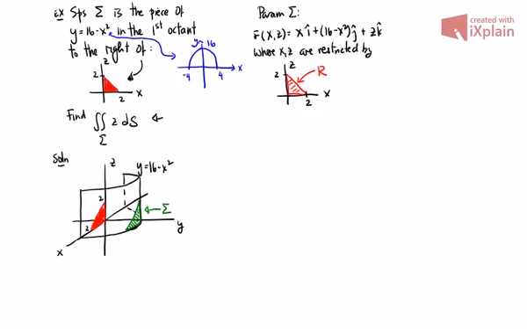Now, if I use inequalities for this, I cannot say that x and z both go from 0 to 2. That's a square. Right? This set of inequalities, I'm going to think about it as x going from 0 to 2, and z going from 0 to... So I'm thinking of this as a vertically simple region, and the line that's on the top here is the line z equals 2 minus x.